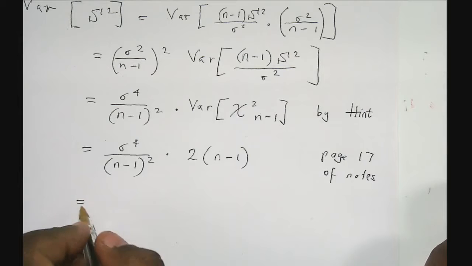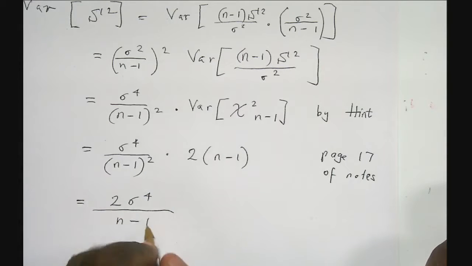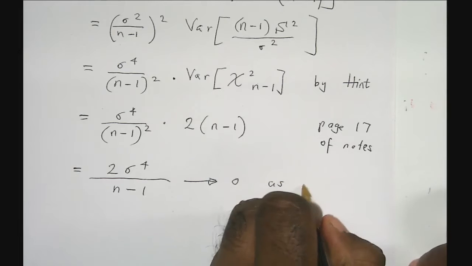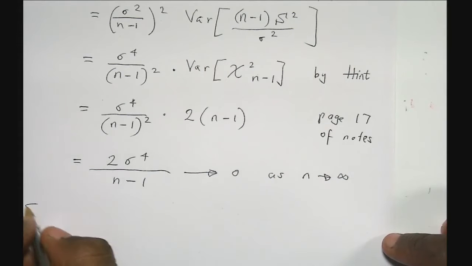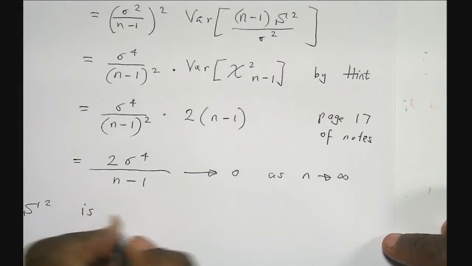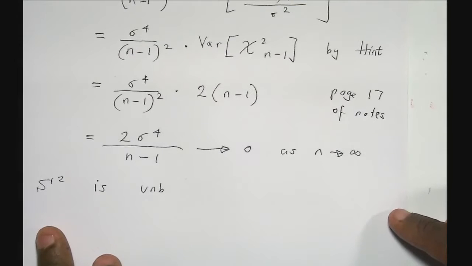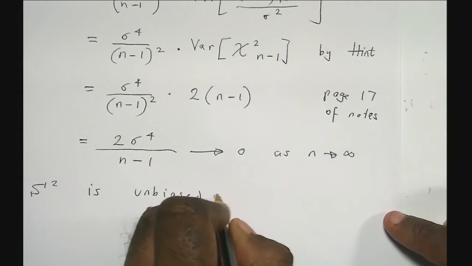And therefore, what you have is 2 sigma 4 divided by n minus 1. And this guy here approaches 0 as n goes to infinity. Alright, and hence S squared is unbiased and consistent.